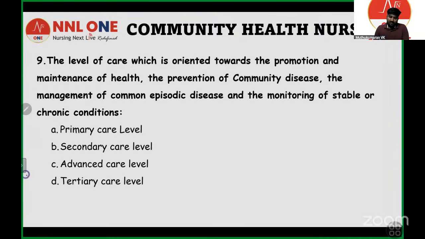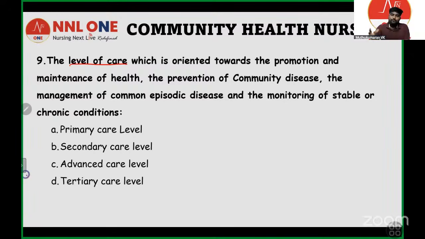Here you should identify the keyword. If you identify the keyword, then it is very easy. First and foremost, they are asking about the level of care. Now you have learned about primary, secondary, tertiary, and primordial. When there is no risk factor or minimal risk factor, when we are analyzing with the future, then we name it primordial. When there is a risk factor, and I give health promotion and specific protection activity, then it is primary.